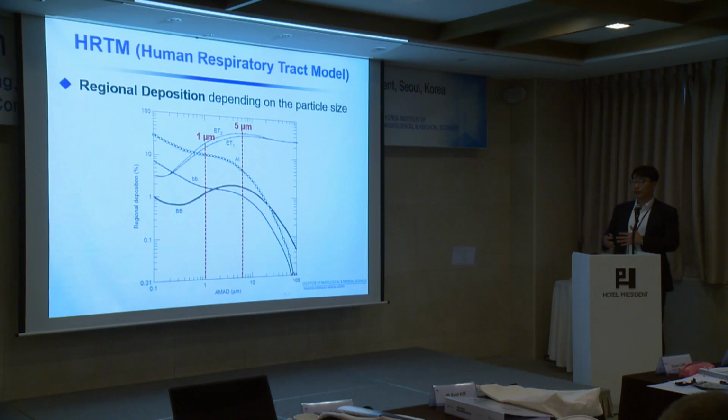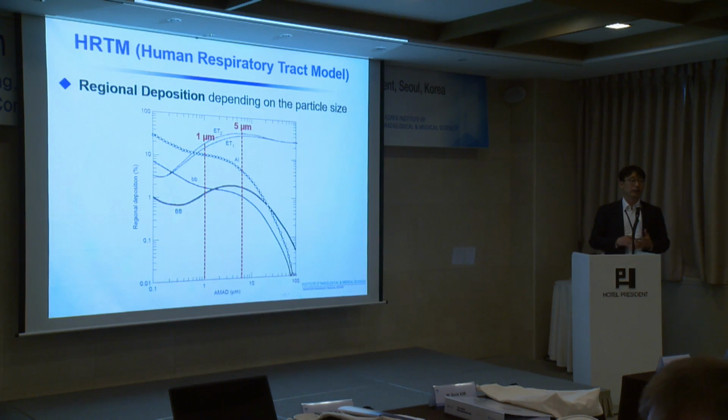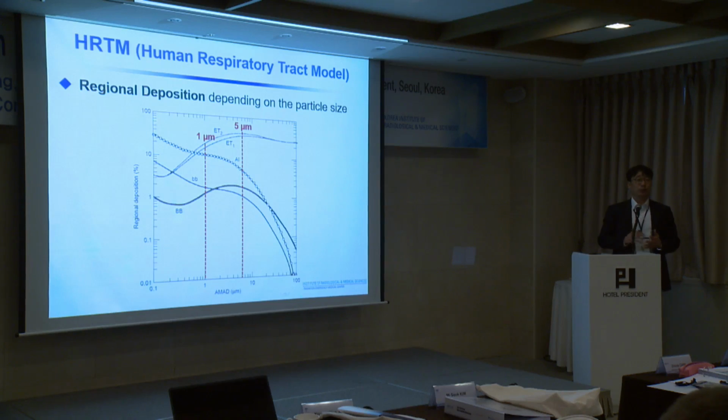On the other hand, if the AMAD goes up, the deposition rate in the AI region will decrease like this. So depending on the particle size, the size of the AMAD, the deposition rate in each region of the HRTM is totally different. So this can cause different internal dose values. So you have to use the proper AMAD value to determine the accurate internal dose.